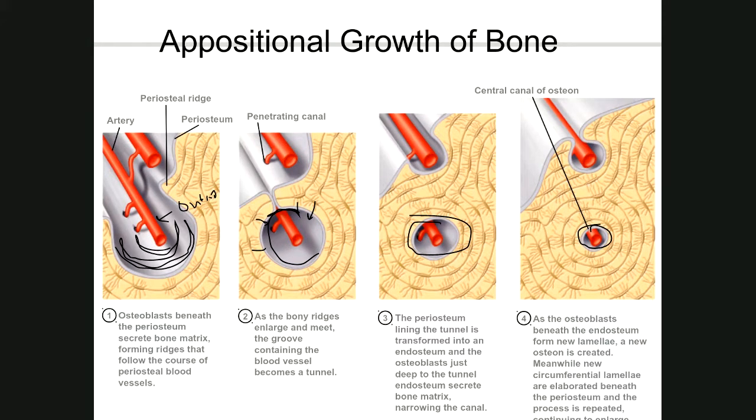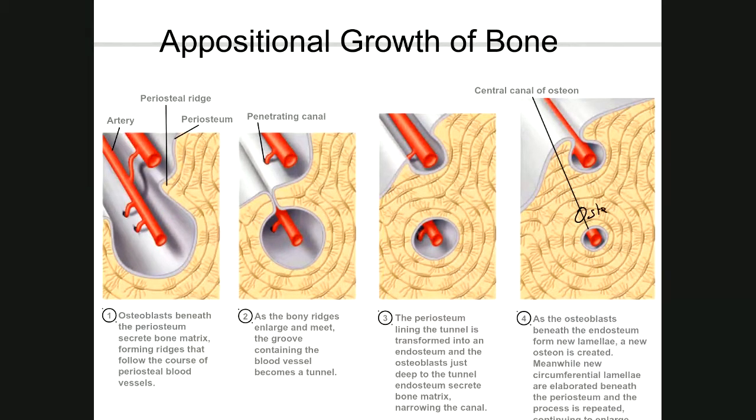Same thing's going to happen to this blood vessel. We're going to start adding bone here, and that blood vessel is going to get enclosed in bone just like the last one. So if the bone grows this way, we're going to encompass those blood vessels, and we created a brand new osteon here.